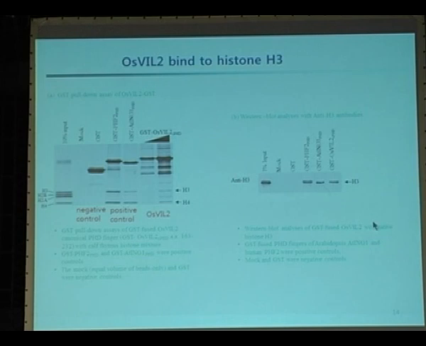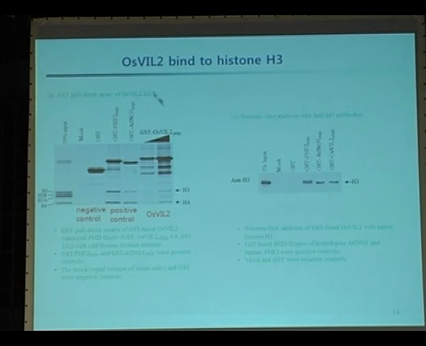In order to prove that BIL2 is a chromatin remodeling factor, we needed to demonstrate this protein binds to histone 3. We did this work with Xiaofeng Cao in Beijing. What we did was that we made a fusion protein.